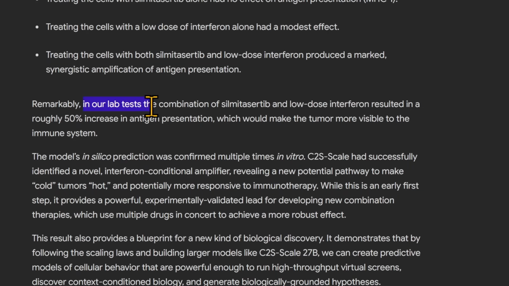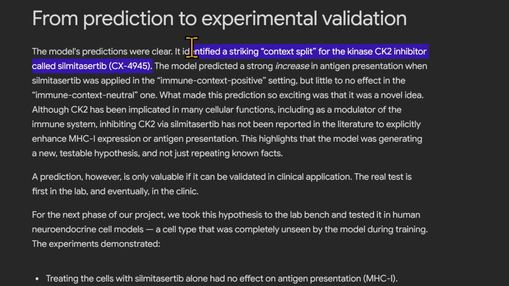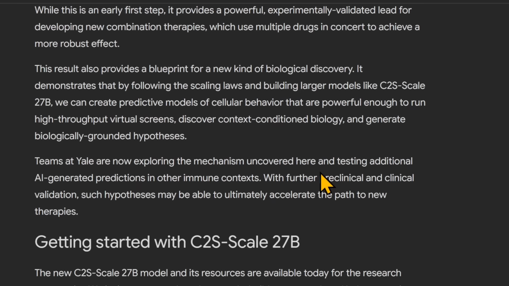Now, interestingly, in their lab test, the combination of silmitasertib, which is this candidate that this model identified, and low-dose interferon resulted in a roughly 50% increase in antigen presentation, which would make the tumor more visible to the immune system. Here's the big point. This result provides a blueprint for a new kind of biological discovery.